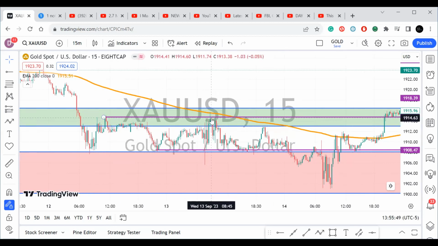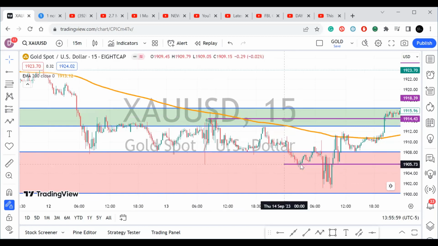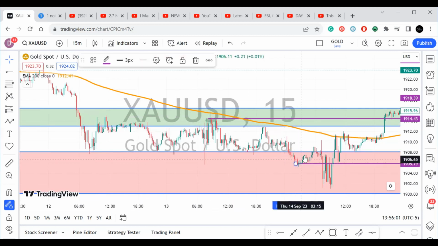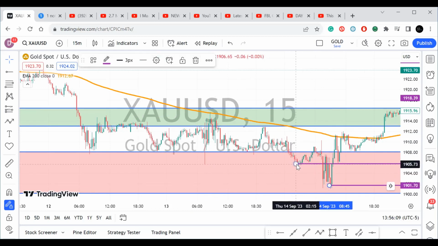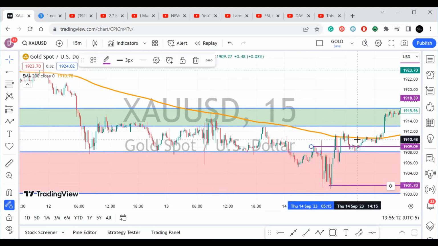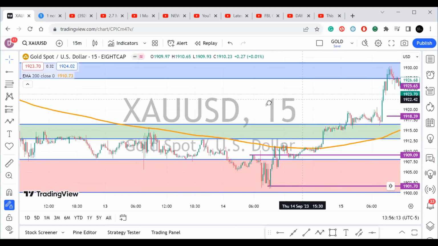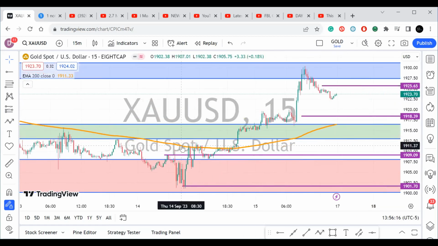From this high, price finally clearly broke this low, giving us a new high and this new low. So we had a pullback, then we had a breakout to the downside, a continuation to the downside, giving us a new low here and a new high. Then on Friday, there was a break of structure that happened.